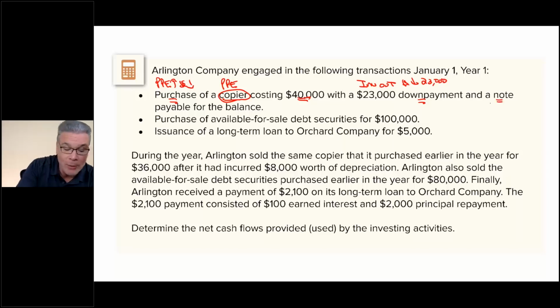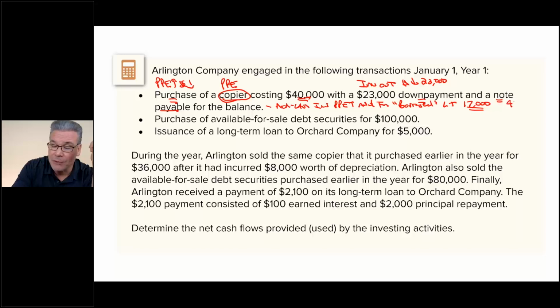And then the note payable for the balance, that's non-cash investing because PP&E went up, and financing, we borrowed. Liabilities go up. And that'll be for the balance, 40 minus 23, $17,000.